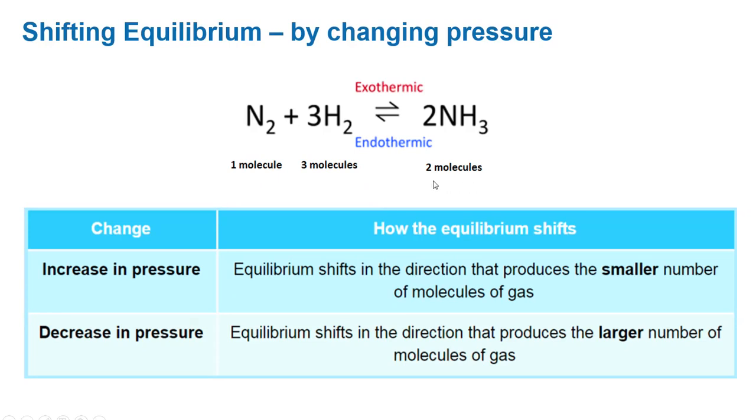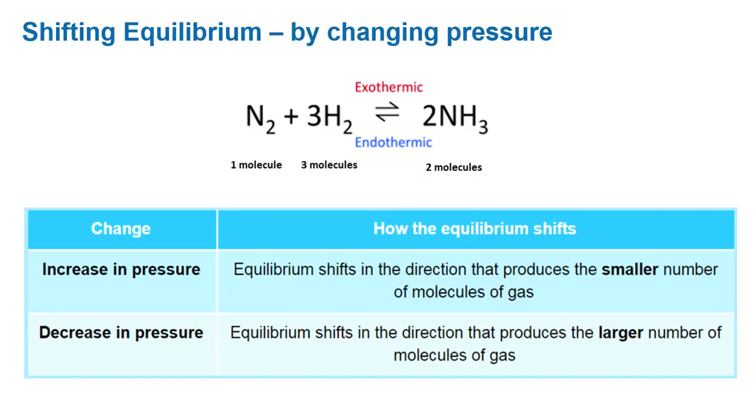When we apply pressure, the volume of the container is reduced and the gas molecules collide with each other and the walls of the container, resulting in an increase in pressure and a faster rate of reaction. At high pressure, more nitrogen and hydrogen molecules combine to form ammonia.